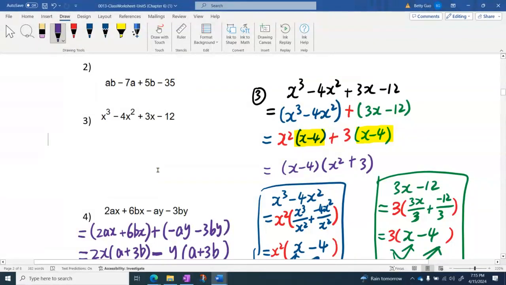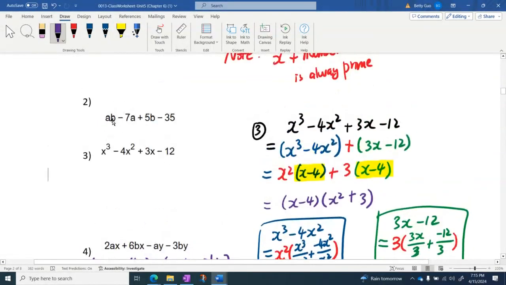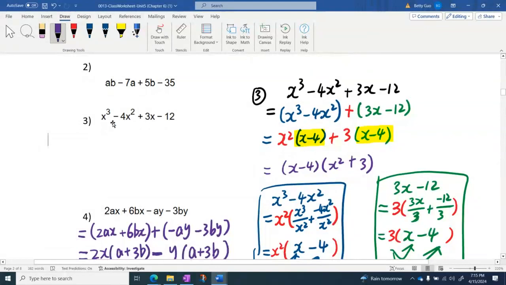The real reason we skipped the GCF part is because the GCF of all the 4 terms is 1. As you can see, ab, 7a, 5b, 35, the GCF of all the 4 terms is 1. Same with number 3, x cubed, 4x squared, 3x, 12. The GCF of all the 4 terms is 1. So that's why we skip that step.